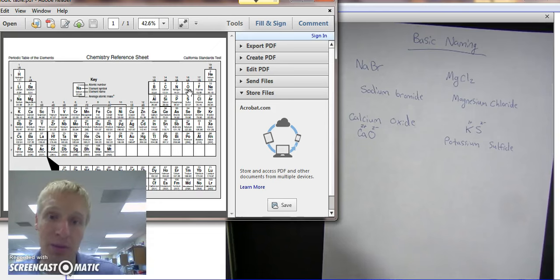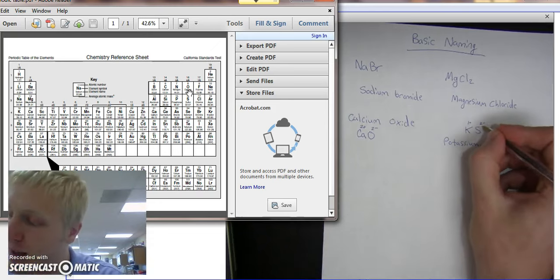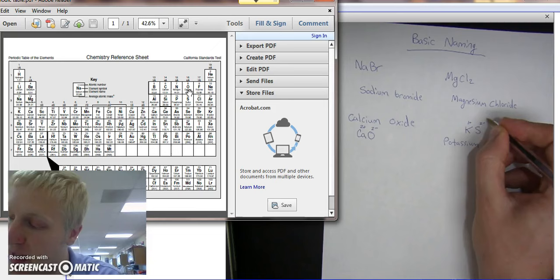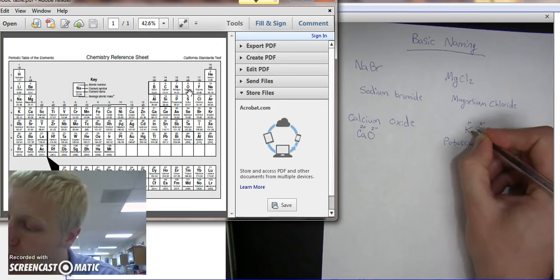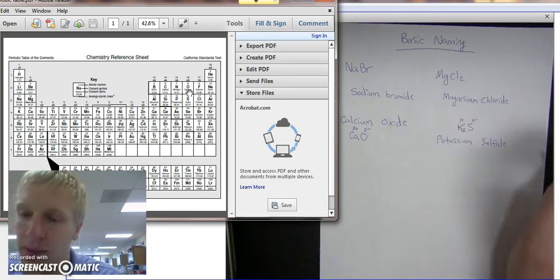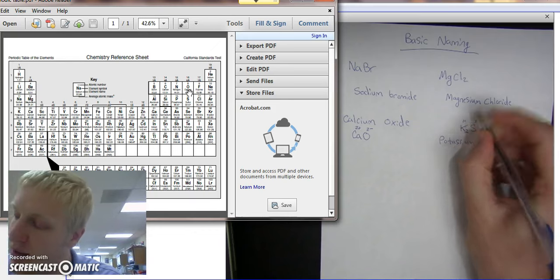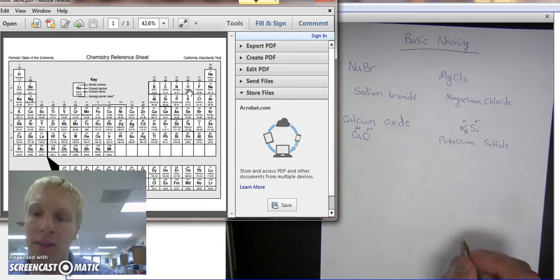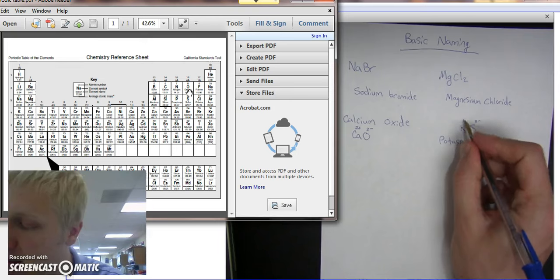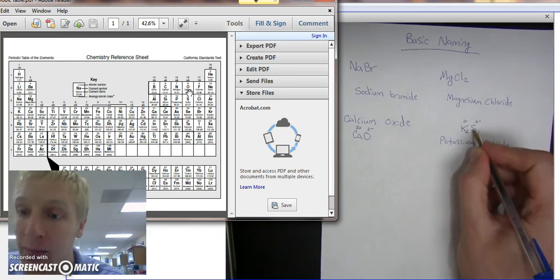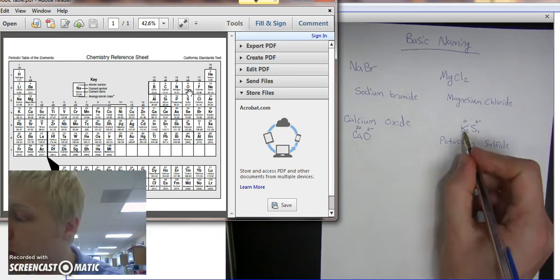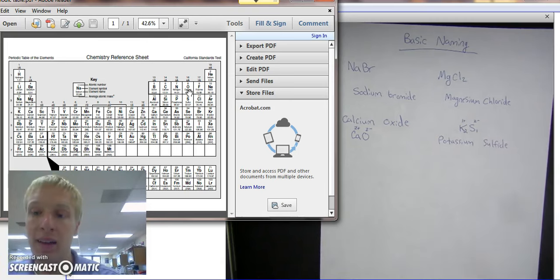Or we could do the crisscross rule. The crisscross rule says that the charge of the anion will go into the subscript of the cation, and the charge of the cation will go into the subscript of the anion, the cation being the positively charged ion, the anion being the negatively charged ion. We don't put the pluses and minuses in the subscripts.